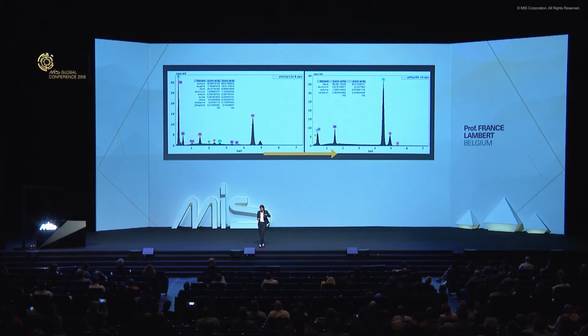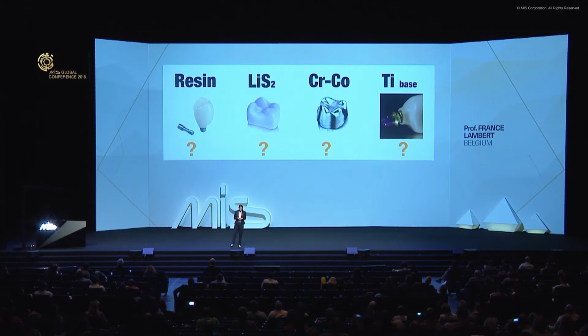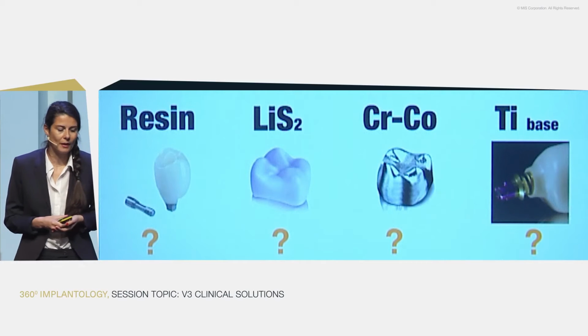So if we go to the elementary analysis of these abutments, we can also see that before and after, all the carbon are gone. So now coming back to the other materials, because many other materials are used in daily practice, like resin, whether it is PMMA or a composite, lithium disilicate, chrome cobalt.